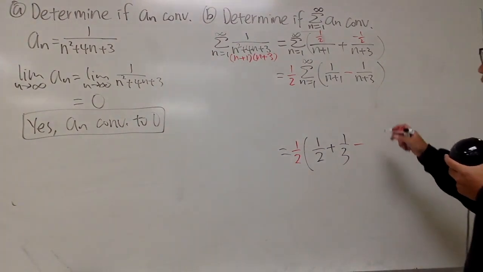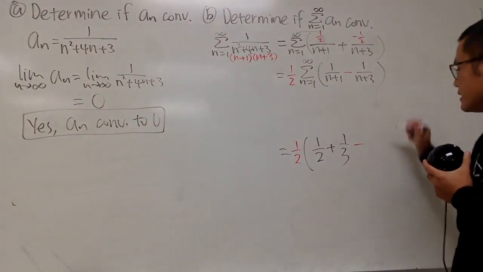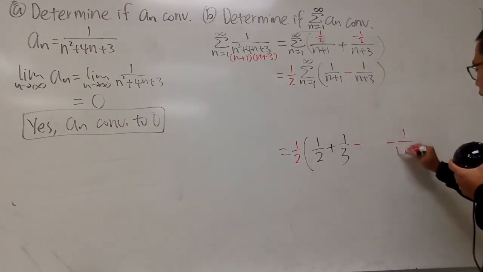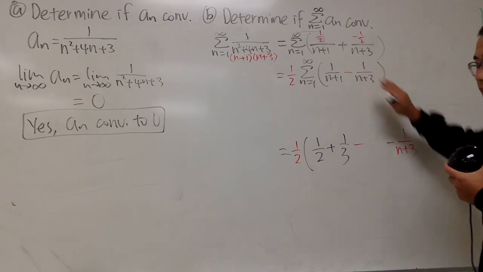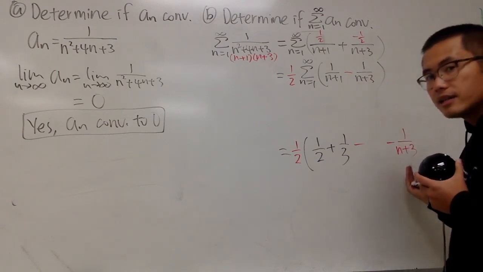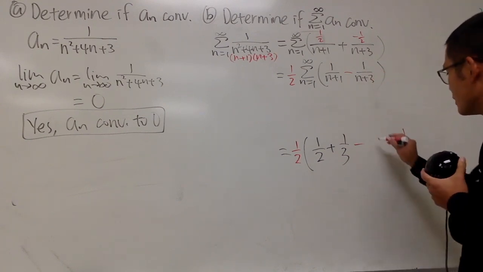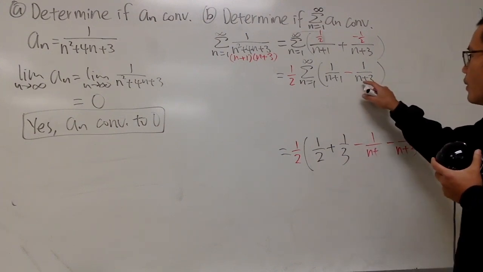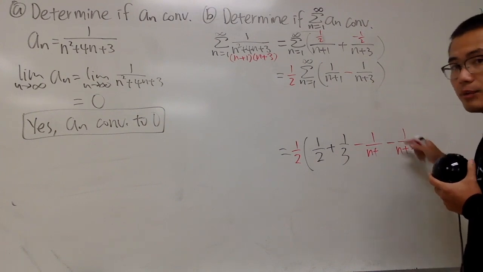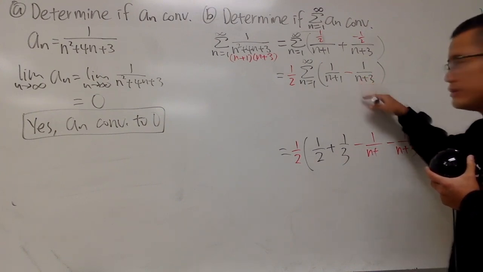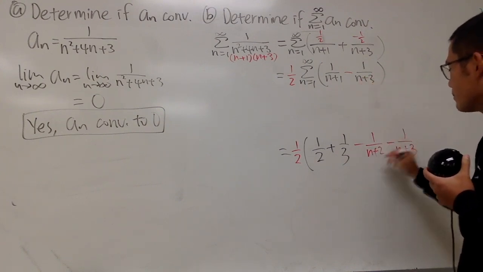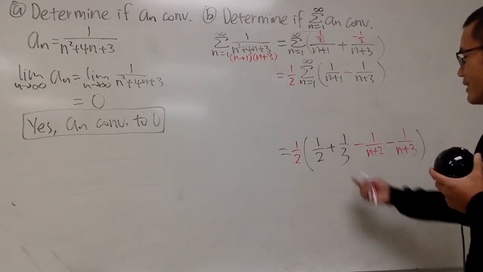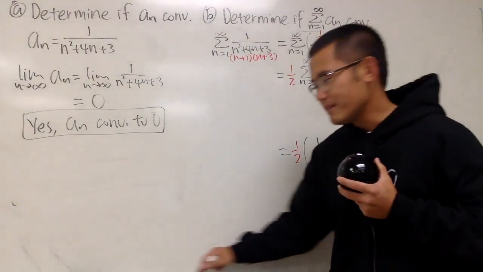The very last term is subtracted, which is 1 over n plus 3. A term before that also remains, which is 1 over n plus what? The nth term is n plus 3, and just subtract 1, so you have n plus 2. That's the quick way to get the nth partial sum formula.